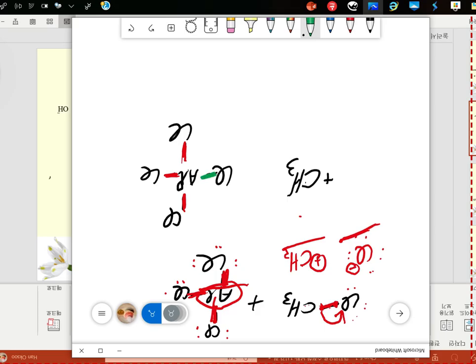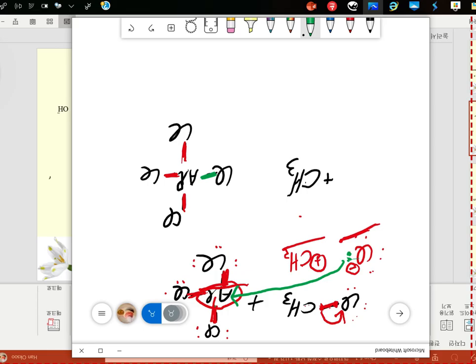This new bond comes from these two electrons on the chlorine, so we should indicate the movement of these two electrons by a full arrow, like this, and make this. In this case, the aluminum has three electrons around it, and it's neutral, right?